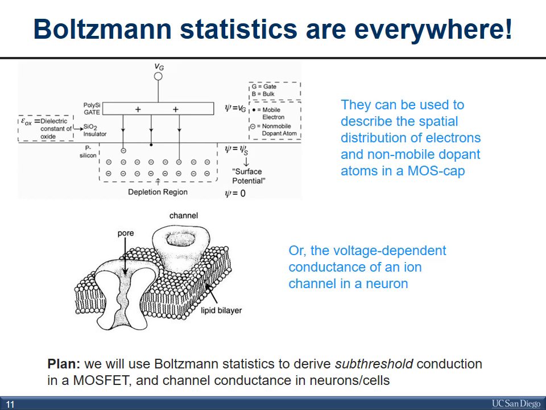They can be used to describe the density of electrons and holes in a MOS capacitor, for example. They can be used to describe the voltage-dependent conductance of an ion channel in a molecule or a neuron. They can be used all over the place. So we're going to use the Boltzmann formula we just derived to derive subthreshold conduction in a MOSFET, and also to show channel conduction in a neuron.